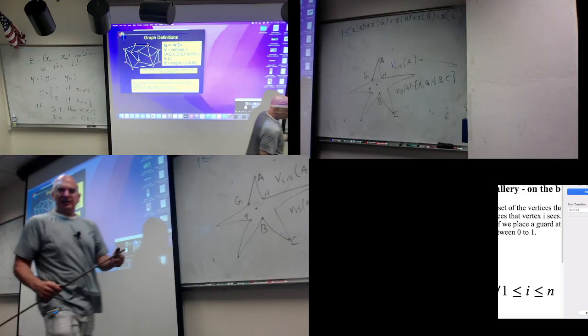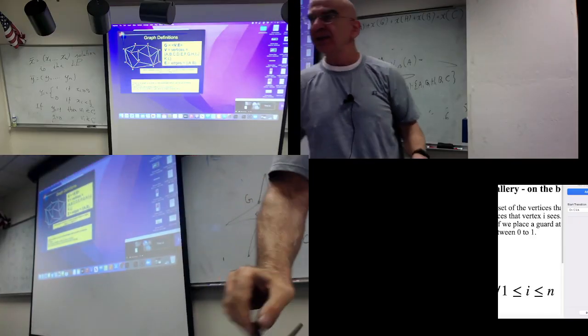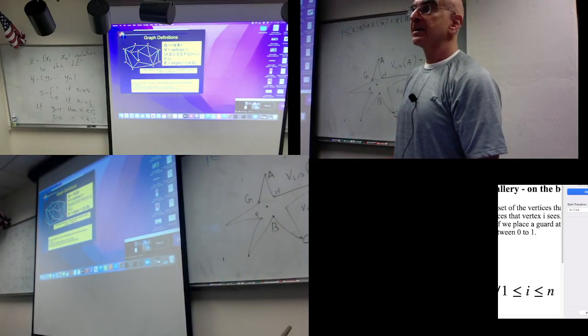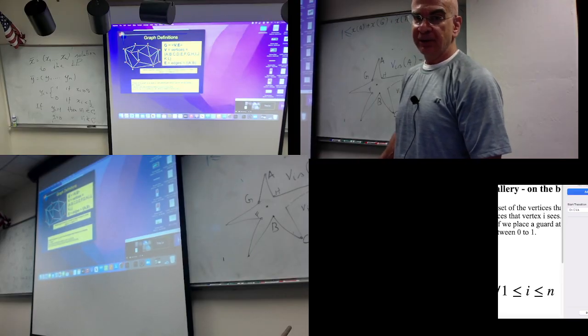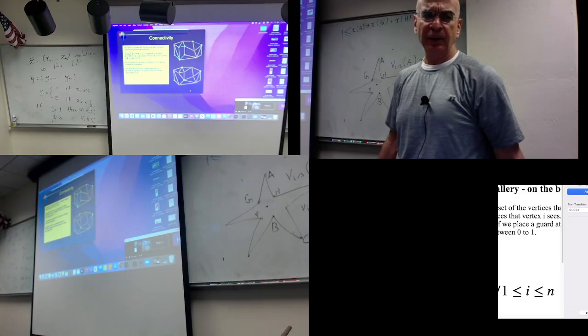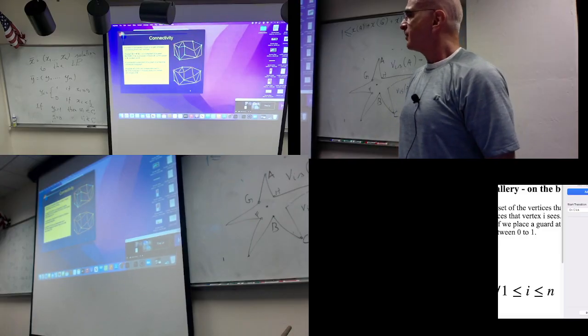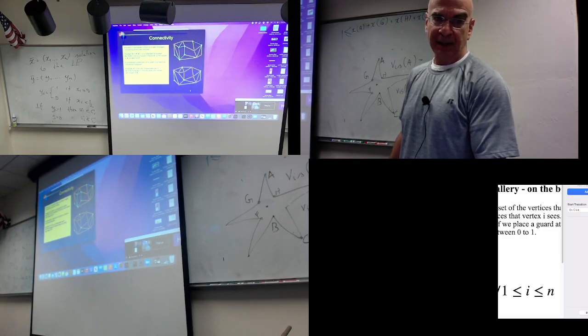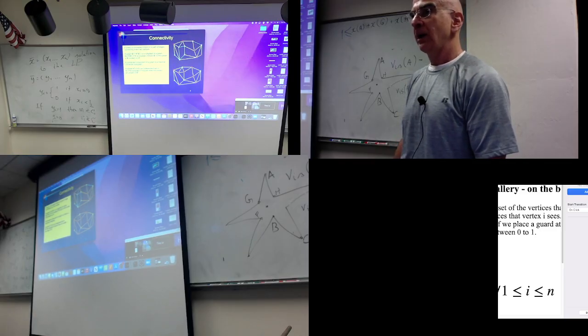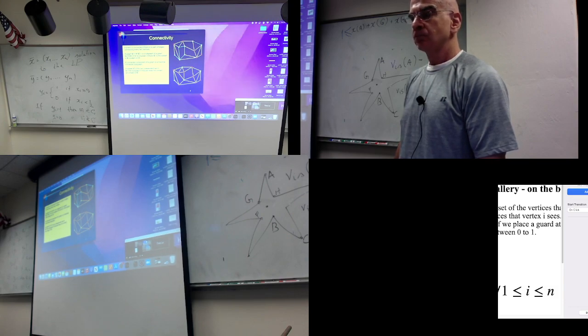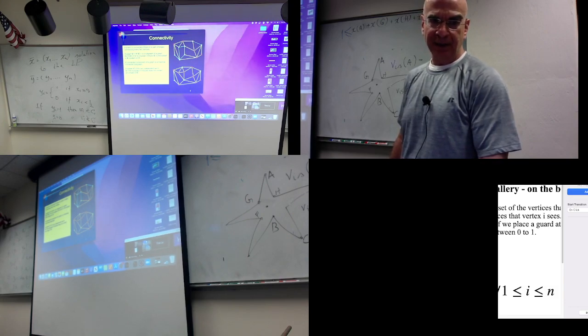And surprisingly, no matter how I drew the same graph, it will look completely the same with slight little differences. The outer face might be different, but the graph will stay the same. A graph is connected, not surprisingly, if between every pair of vertices you can walk while staying only on edges of the graph. If I can go from one vertex to another, then it's a connected graph.